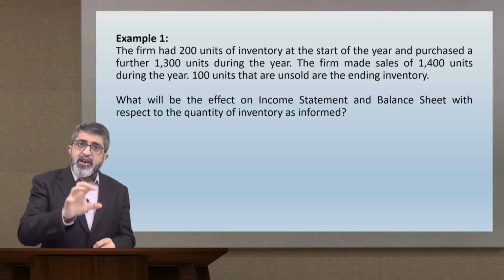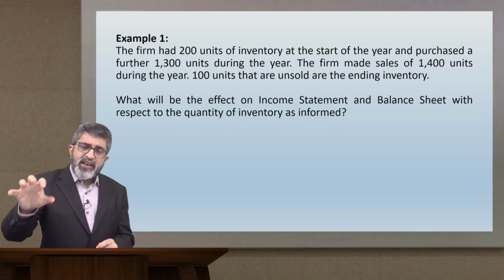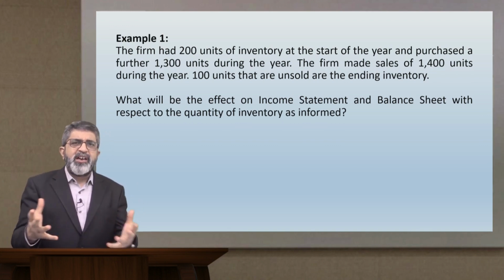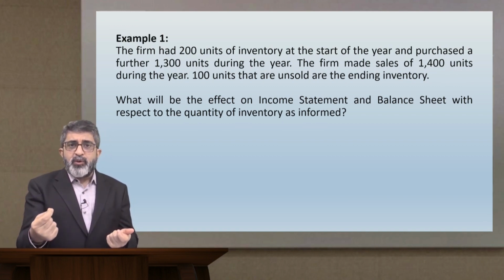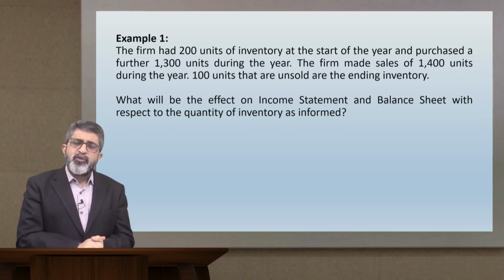So the corresponding 100 units cost will be stated as closing inventory or ending inventory in the balance sheet as an asset under the head inventories, which are current assets, and the cost of 1,400 units which are sold will be treated as an expense under the head cost of goods sold.